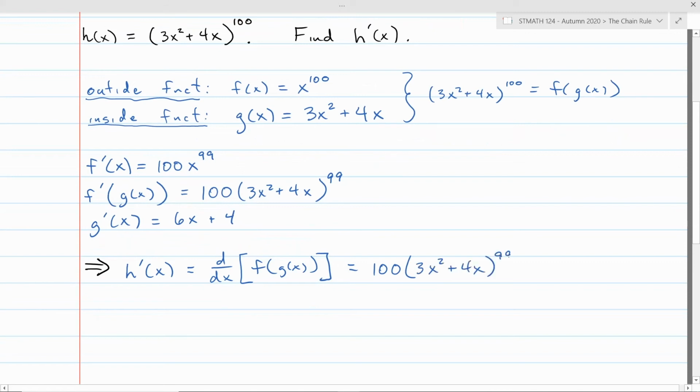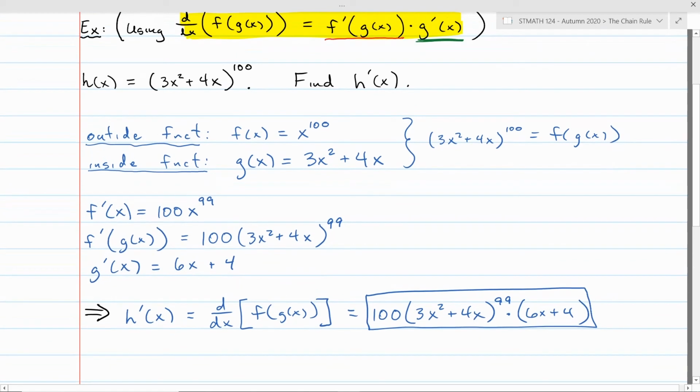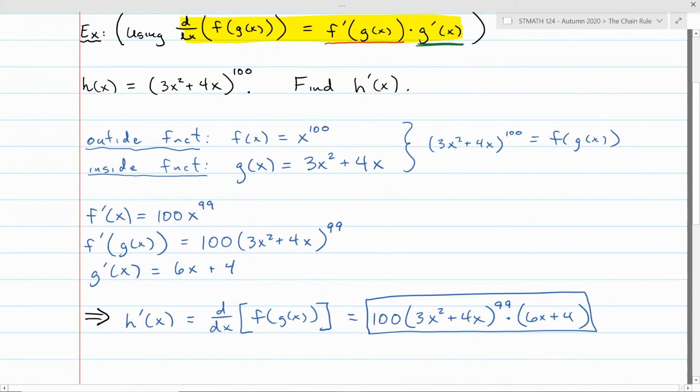Then you multiply that times the derivative of g of x, so you get 6x plus 4, and that's your answer. So the key is you've got to identify an outside function and an inside function, both of which you can differentiate fairly easily. And then you just got to remember that for the inside function, you're going to leave whatever was originally inside the outside function, you're just going to leave it that way as you differentiate it.